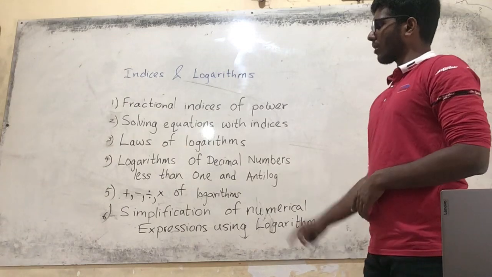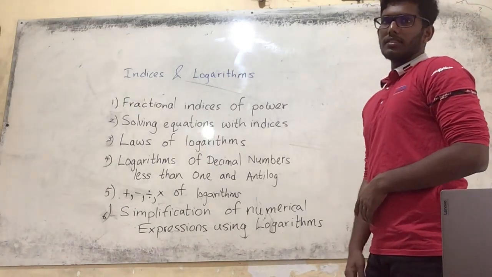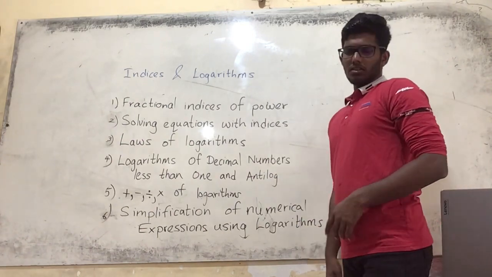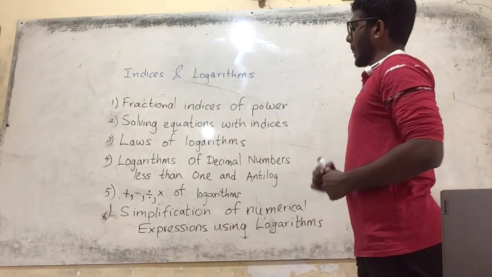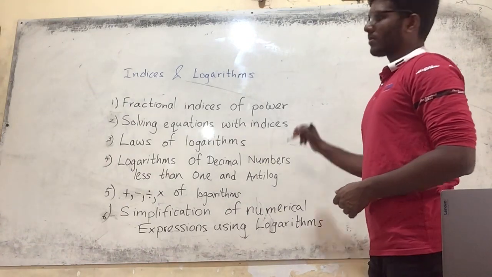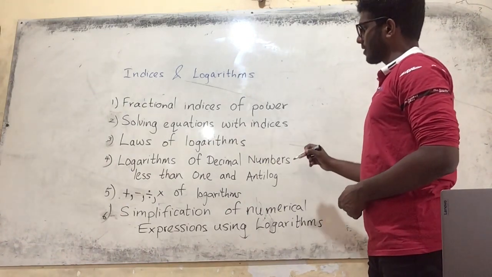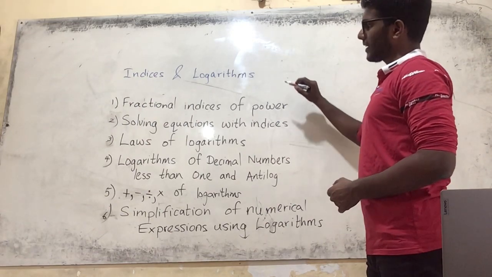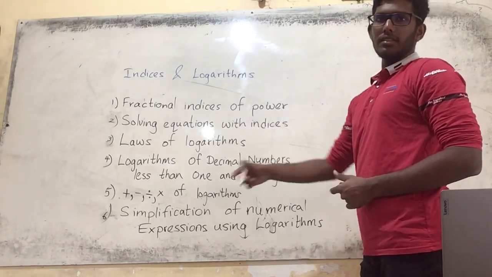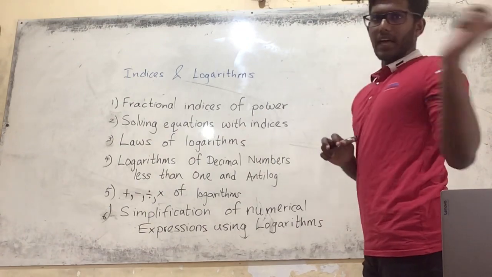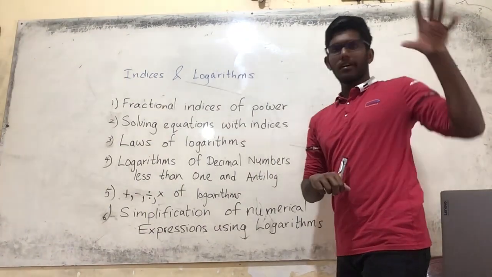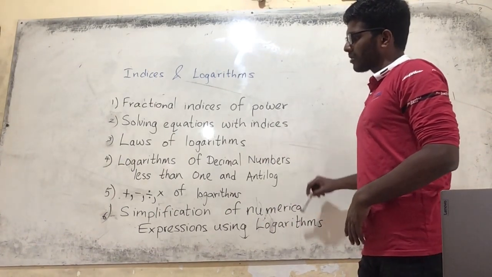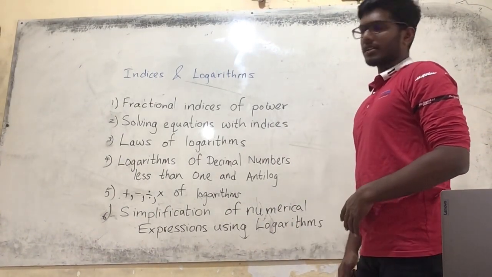There is a flow from each topic to the next, so it is better to follow in this order. You will have it on the side as well in the proper order.